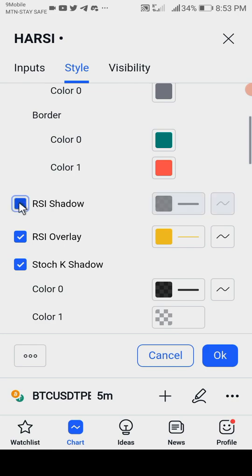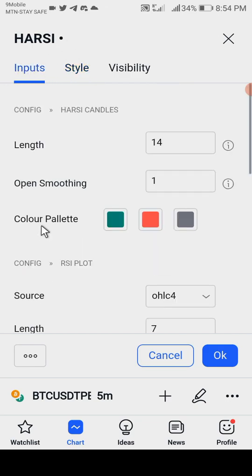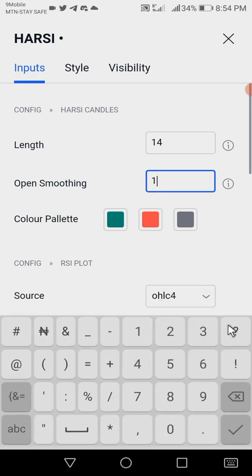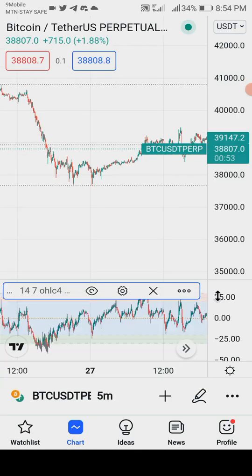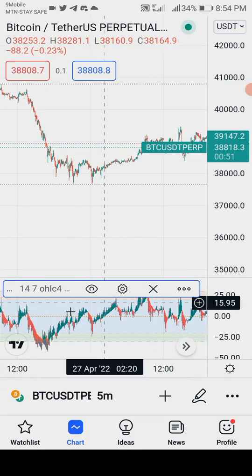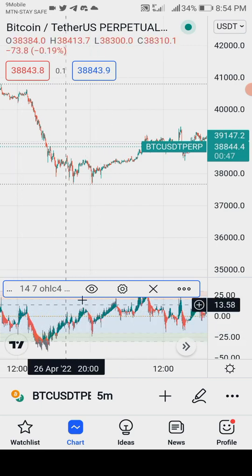Also uncheck this one and uncheck this RSI overlay. Then go to inputs. On input, we change this one here to 7. Just a simple edit, then hit OK. Now you can see there's a big change here. If you notice, this wasn't how it was before.